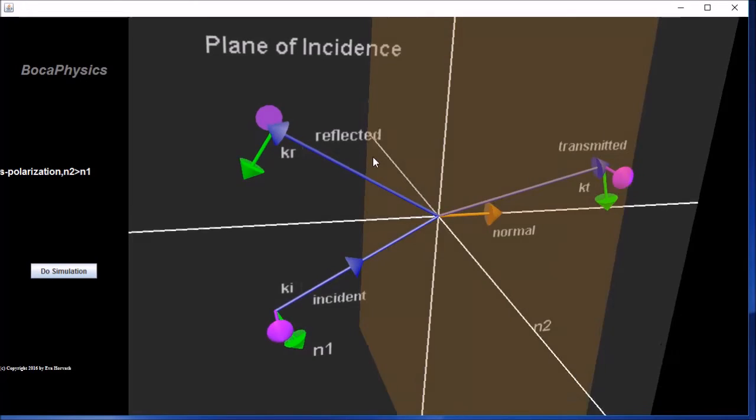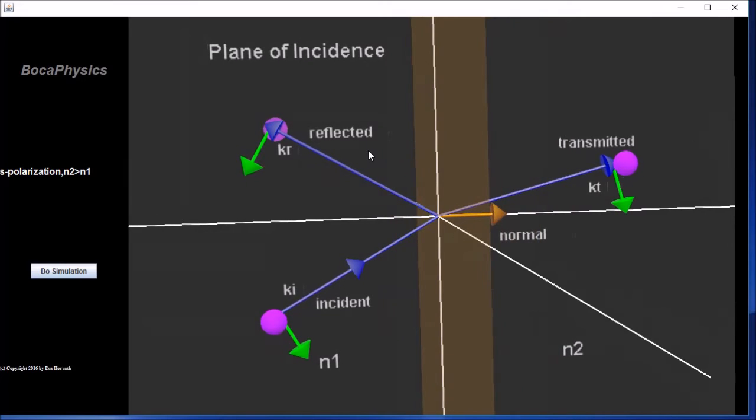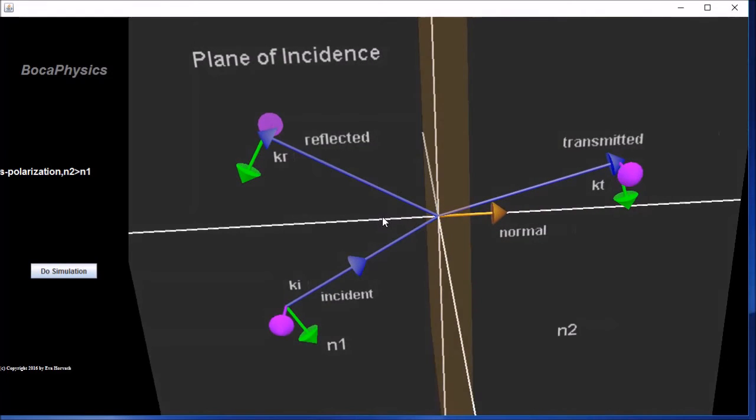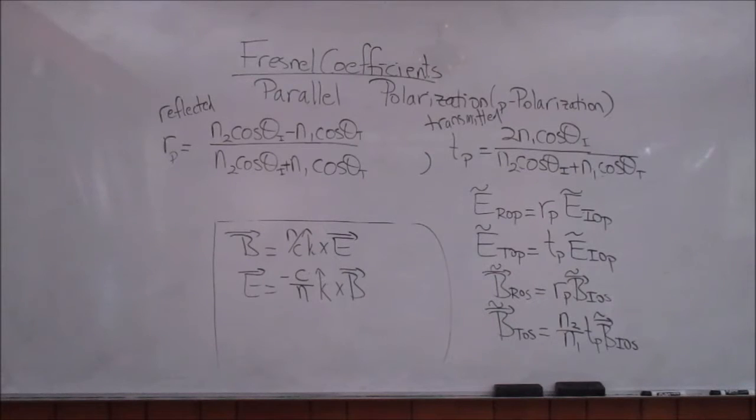Notice further, when the angle of incidence approaches 0 degrees, we regain the simpler formula for the Fresnel coefficients. We'll next consider parallel polarization. This means that the electric field vectors lie in the plane of incidence and the magnetic field vectors are perpendicular to this plane.